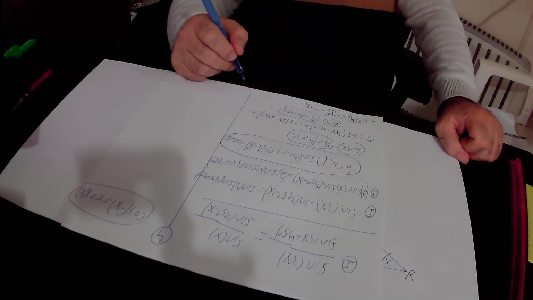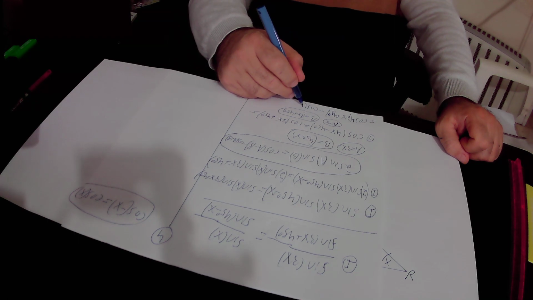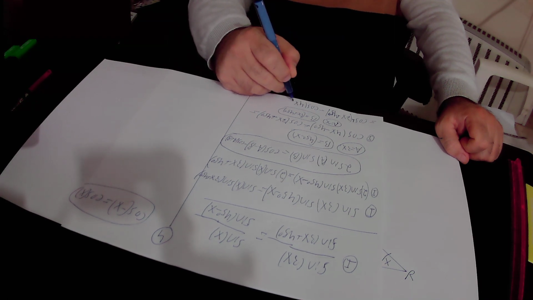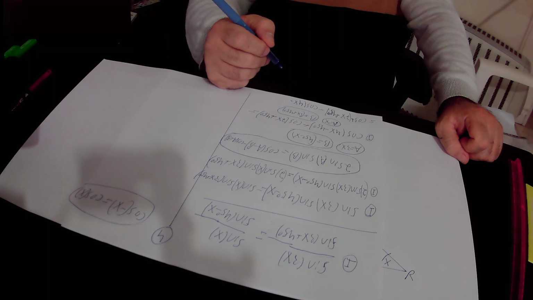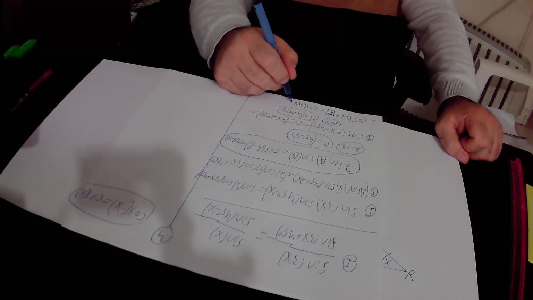A is x, B is 3x, x plus 3x is 4x, and we also have 0 plus 45 degrees, which is 45 degrees.